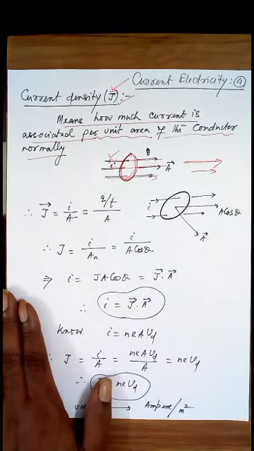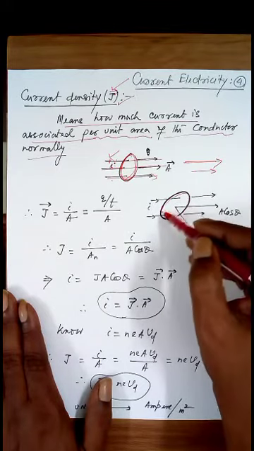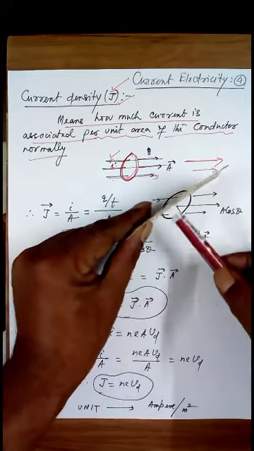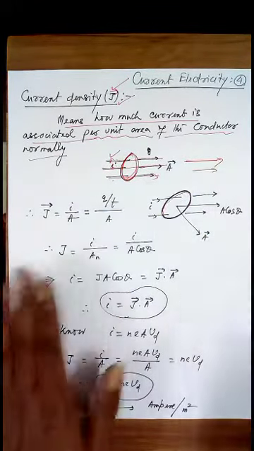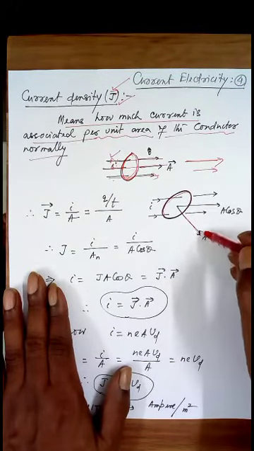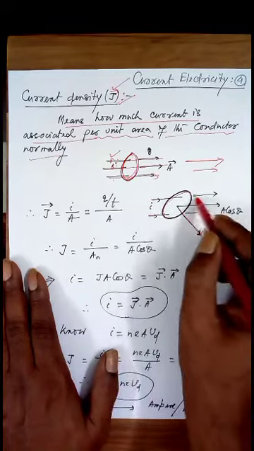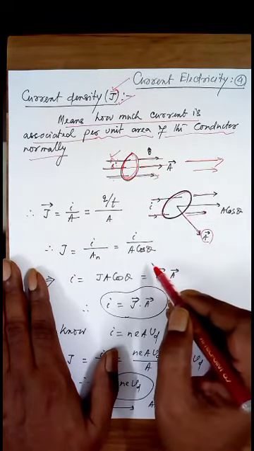Now what happens if we look at this area? This area, as I have drawn it here, is pointing to this side, and the current is like this, suppose. So these currents are not passing normally through the area.